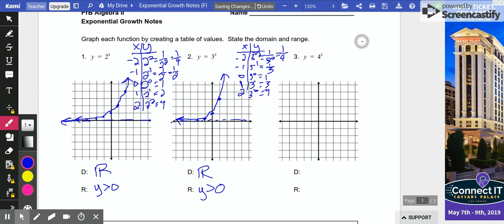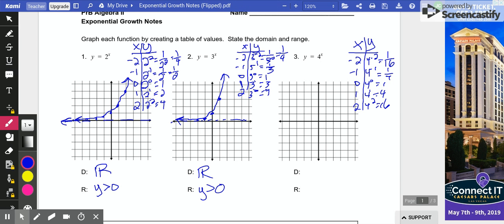All right, let's do one more table of values. For y equals 4 to the x, same numbers. So we have 4 to the -2, which is going to be 1 over 4 squared, so 1/16. 4 to the -1 is going to be 1 over 4. 4 to the 0 is 1. And 4 to the first power is 4. 4 squared is 16.